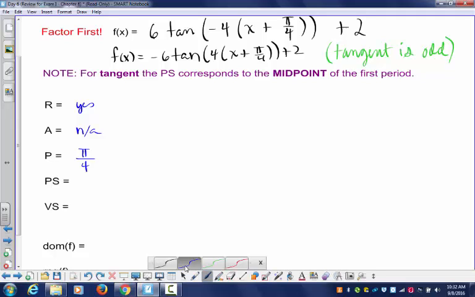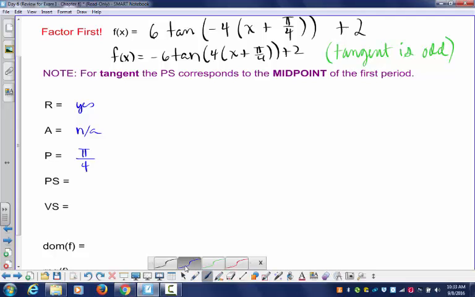So our period will be pi over 4. So is this a horizontal compression or a horizontal stretch? Compression, because the period of the basic tangent is pi, and the period of this transformation is pi over 4. So we've compressed the period from pi to pi over 4.